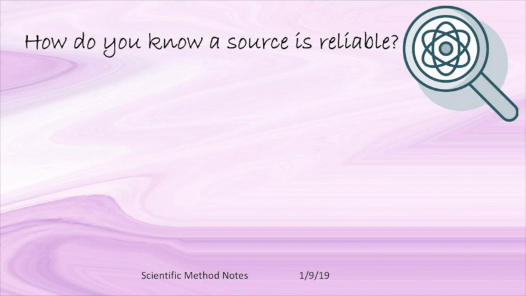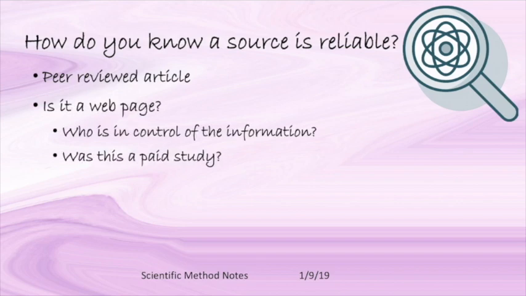So how do you know if a source is reliable? Peer-reviewed articles. If it's a web page, you need to look at who is in control of that information, and was it a paid study?